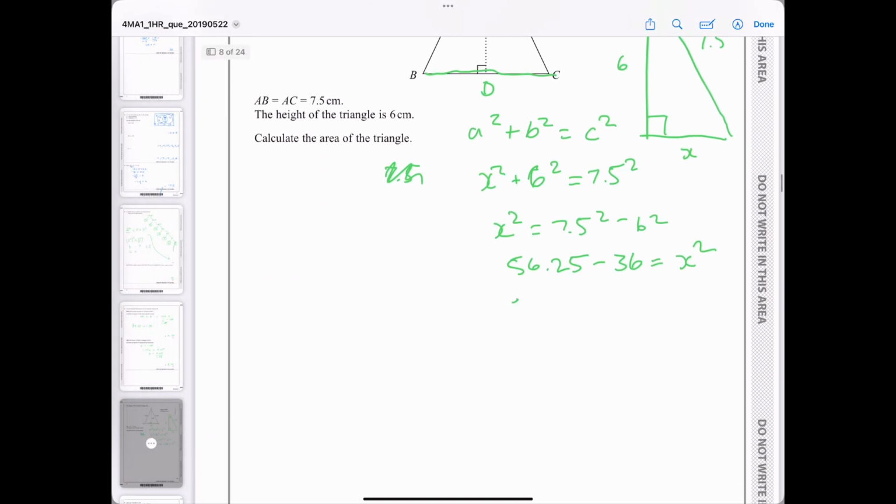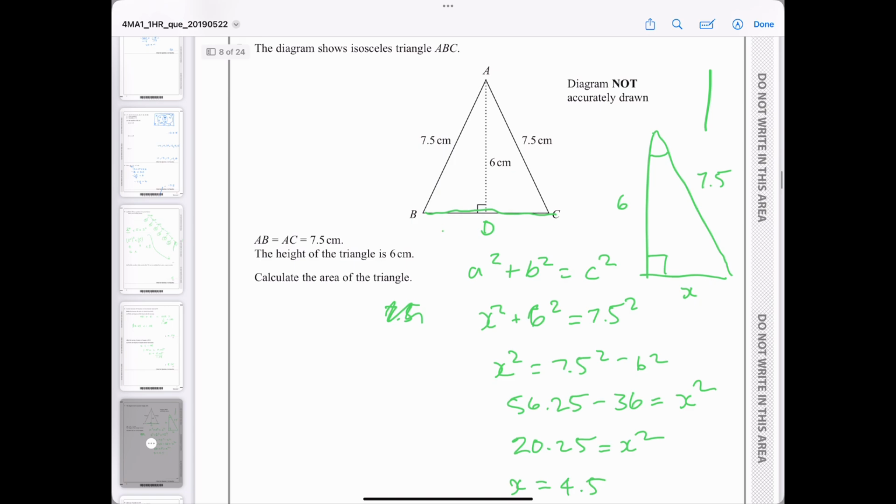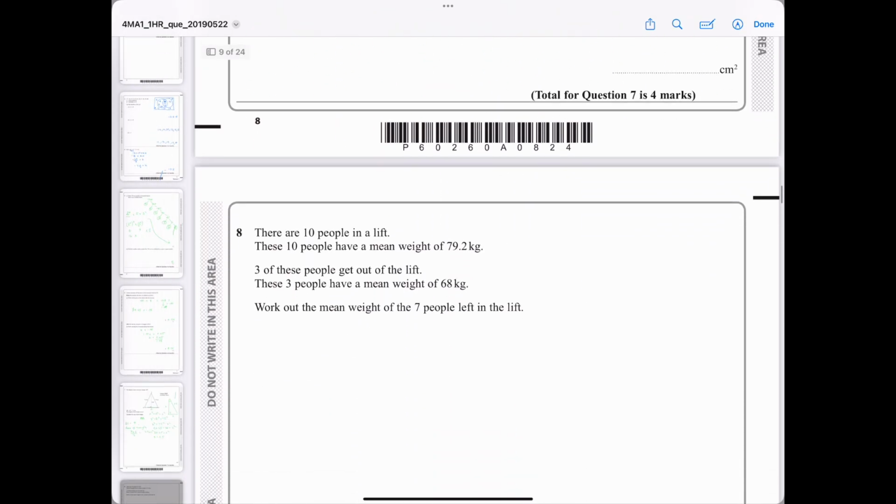So x squared is 20.25, so let's just square root that. So x equals 4.5. Therefore, that's only half, so BC equals 9. So the area of the triangle equals 9 times 6 over 2, which is 27 centimetres squared. There you go. And 8.